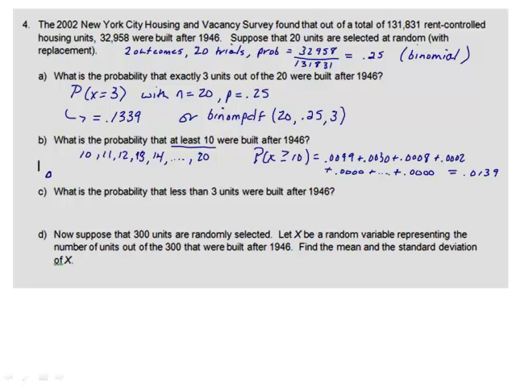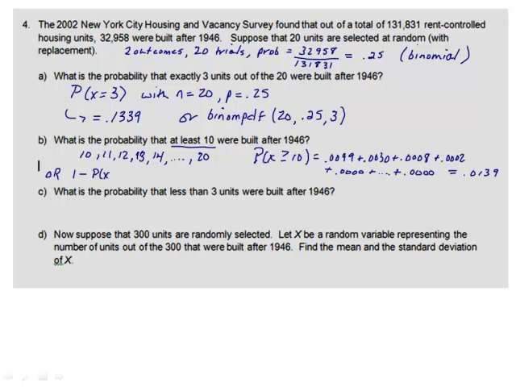Now, to use your calculator, there are a couple of different ways you could do this, but the easiest one would be to use the binomial CDF function so that you don't have to add too many values together. Now, since we're looking at the probability from 10 going up, your calculator function goes from 0 up to whatever number you put in.